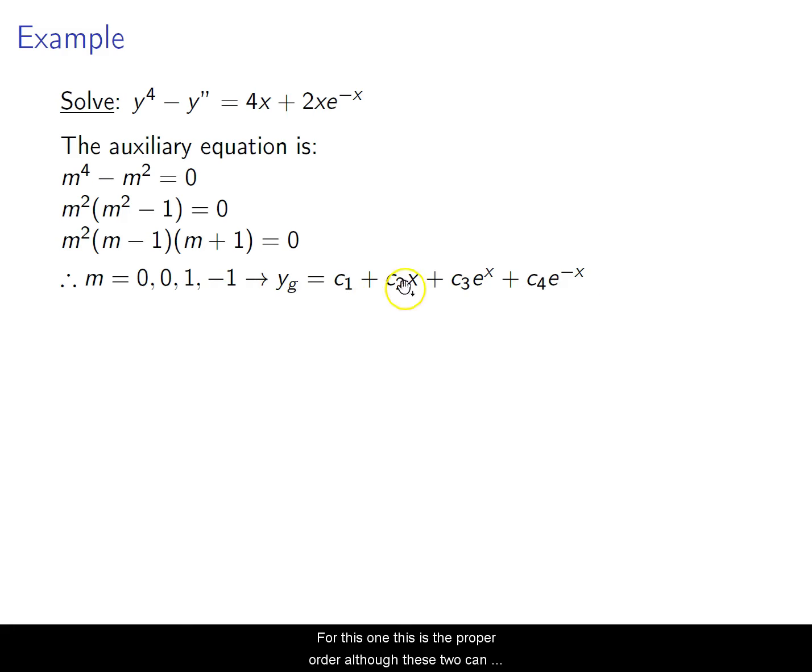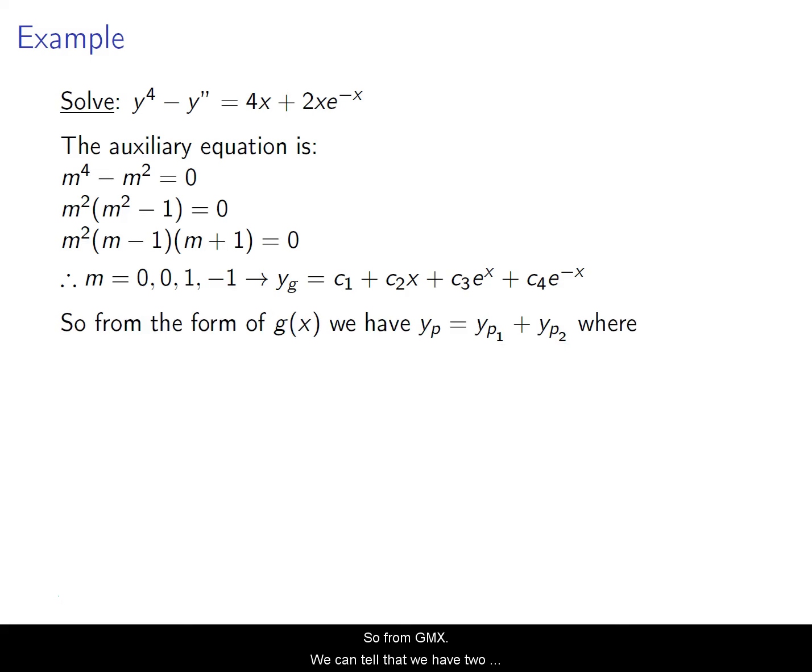So for this one, this is the proper order, although these two can be switched. This could have been c3 e to the negative x, c4 e to the x, and that would have been fine, okay? But we generally keep it progressing into a more difficult form, where the beginning is easy and the end is the more complex forms of the solution, okay?